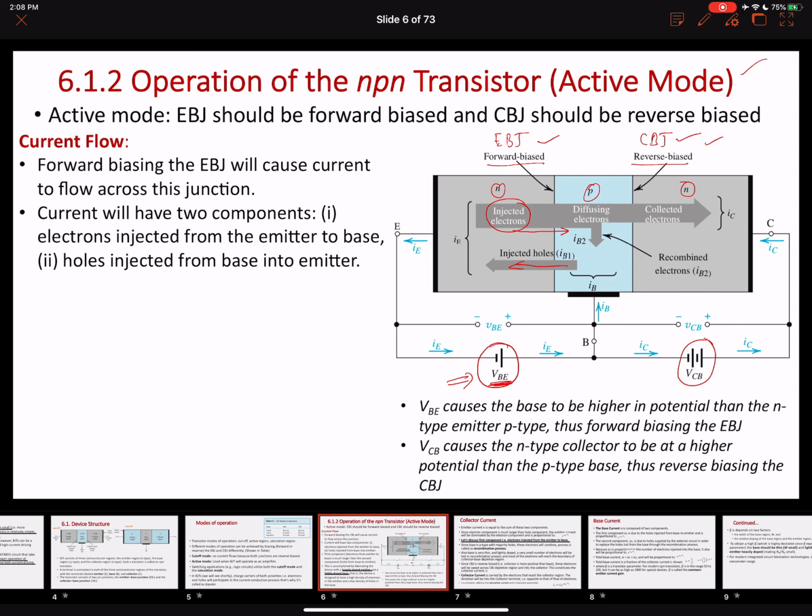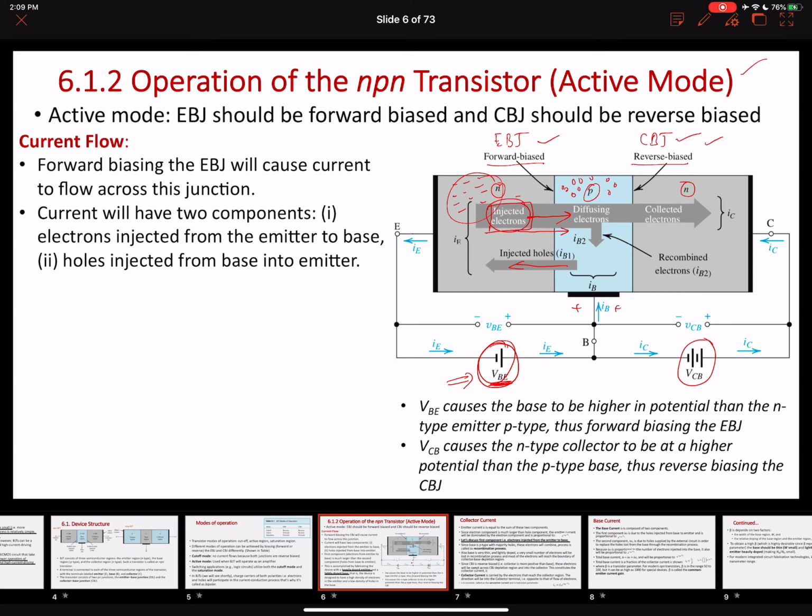Now again, important thing over here is that in the N-type material you know that we have a lot of electrons, and in a P-type material we have a bunch of holes, in all of these extrinsic semiconductors. So when we forward bias this junction, where our base is at a higher potential as compared to the emitter, these electrons will start to flow from the emitter to the base.